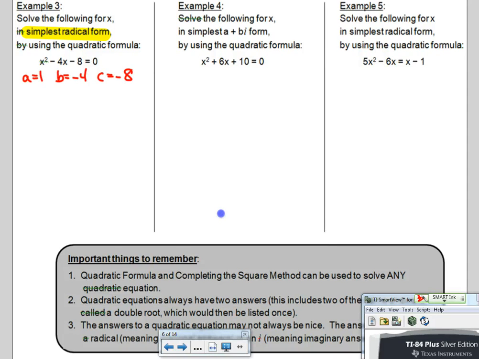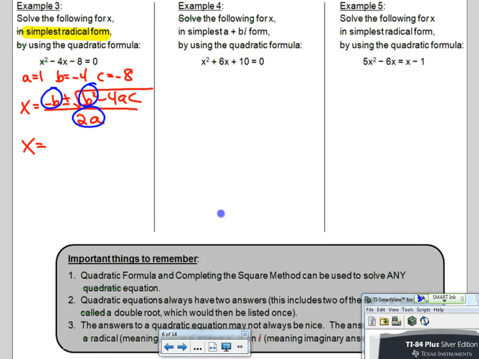Here are our values for a, b, and c. Writing down the quadratic formula. Okay, and filling in my values. We're going to get x equals, and I'm going to do it the way I like now, which is to compute these 3 spots only when I'm filling in.